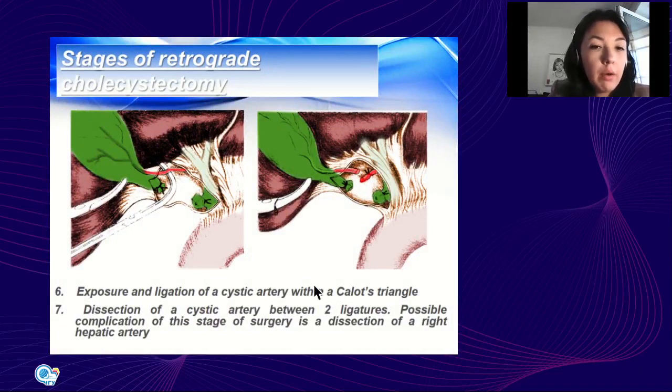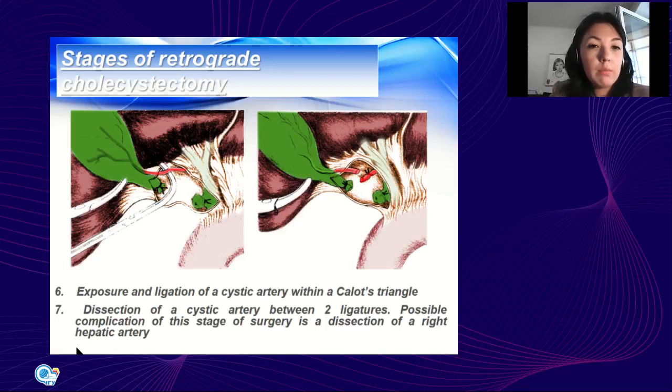So then, after we dissected the cystic duct, we perform exposure and ligation of the cystic artery within the Calot triangle. Here we apply 2 ligatures and dissect the cystic artery between them. And we should remember that if we confuse the cystic artery and the right hepatic artery, and it is quite possible, then we will deal with necrosis of the right lobe of the liver, a very serious complication.